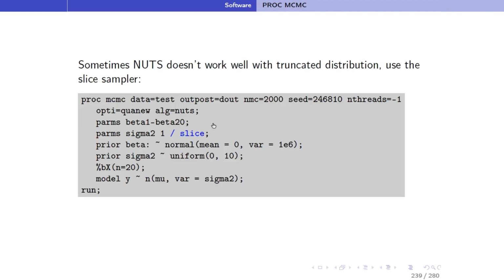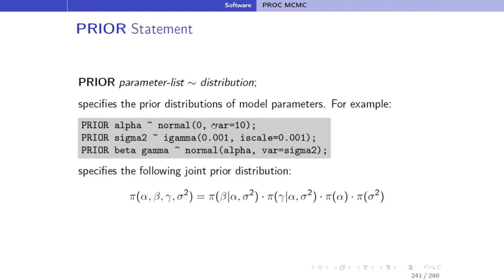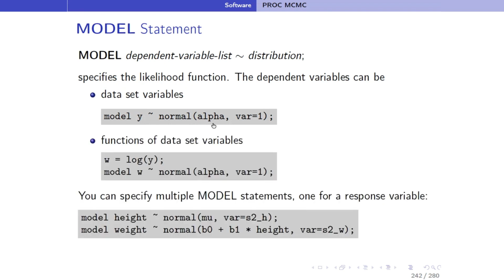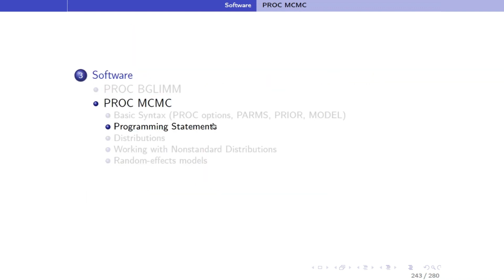It also discusses the NUTS algorithm, which we covered earlier, and what the prior statement does in specifying prior distributions, and how you can use the model statement for multivariate data.